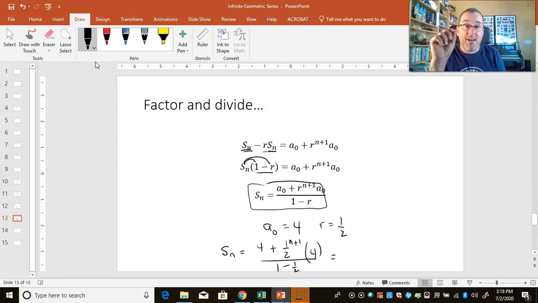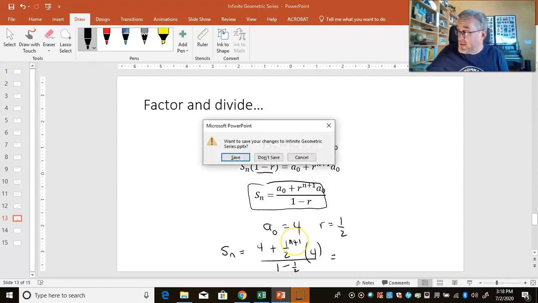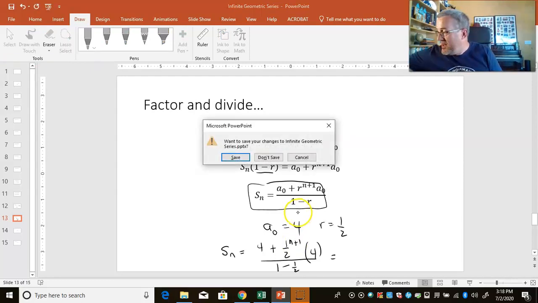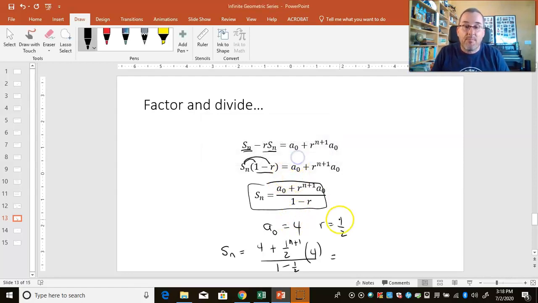Now remember, we're talking about infinitely many terms. So if you took 1/2 to the bazillionth power, 1/2 times 1/2 times 1/2 times 1/2, and so on, if you multiply 1/2 times itself a bazillion times, the result is just something minuscule, practically 0.